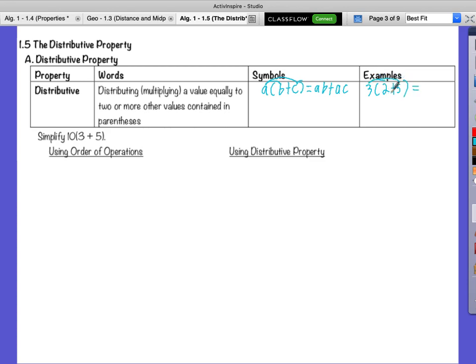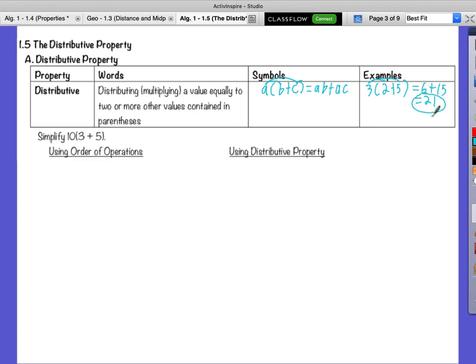So what is 3 times 2? That is 6. What's 3 times 5? 15. And we still keep that plus sign in between them. Now, what is 6 plus 15? 21. So we still end up getting 21.